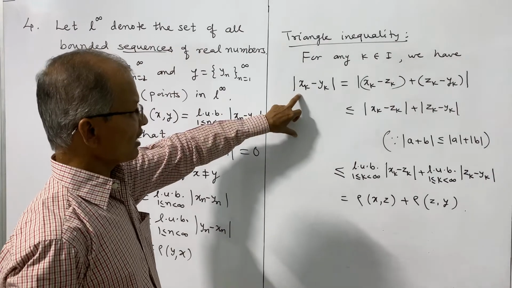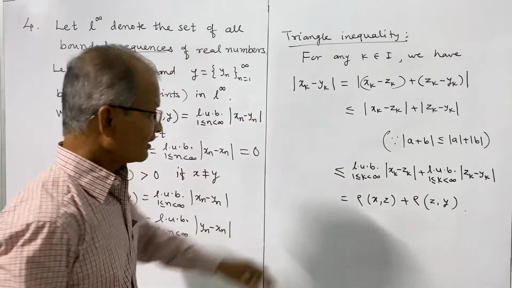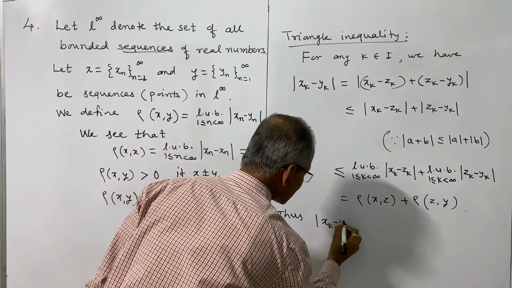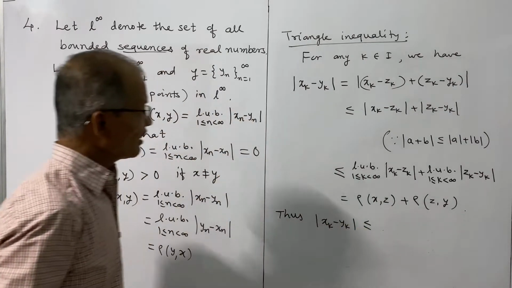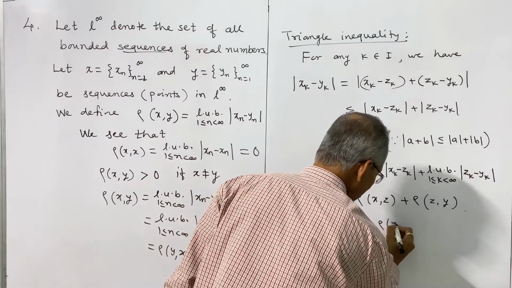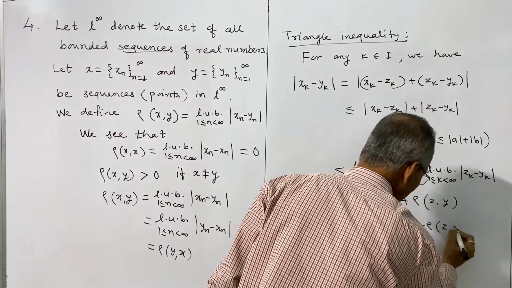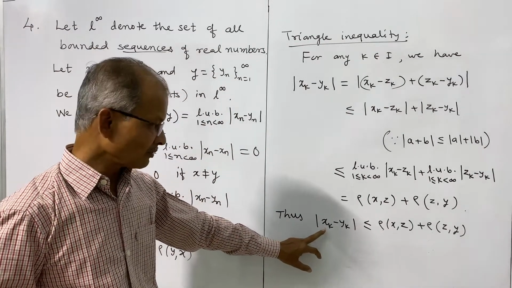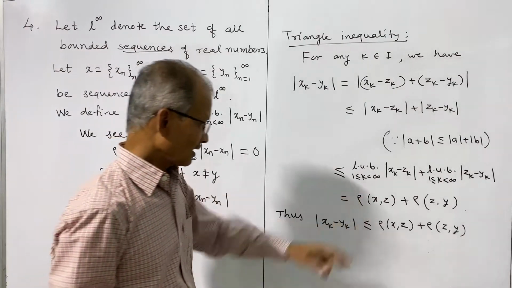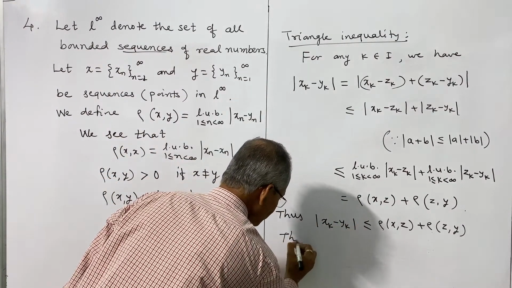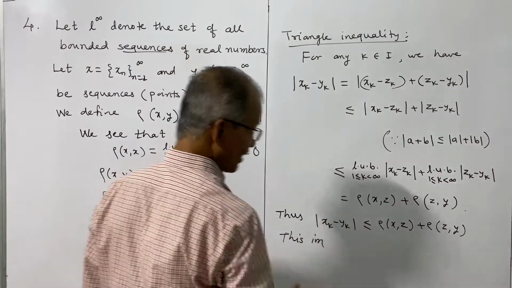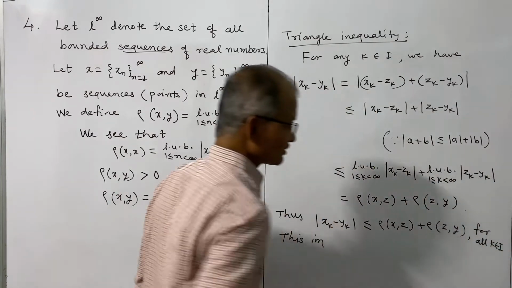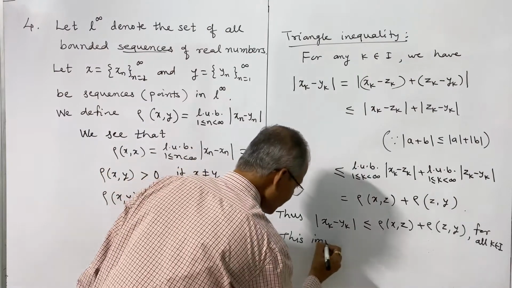The left side is the absolute value of xk minus yk, and thus the absolute value of xk minus yk is less than or equal to rho of x and z plus rho of z and y. This is true for all k belongs to I.